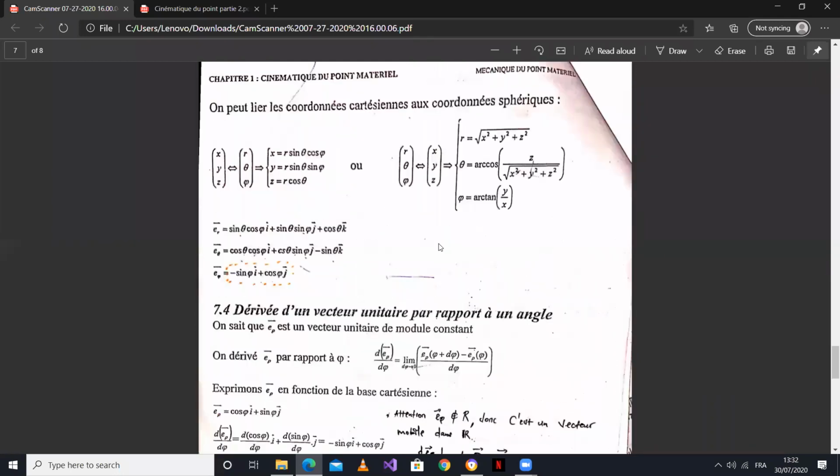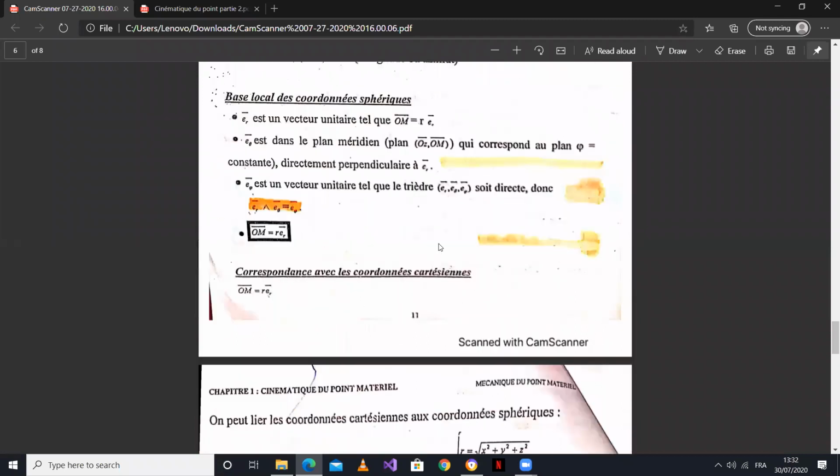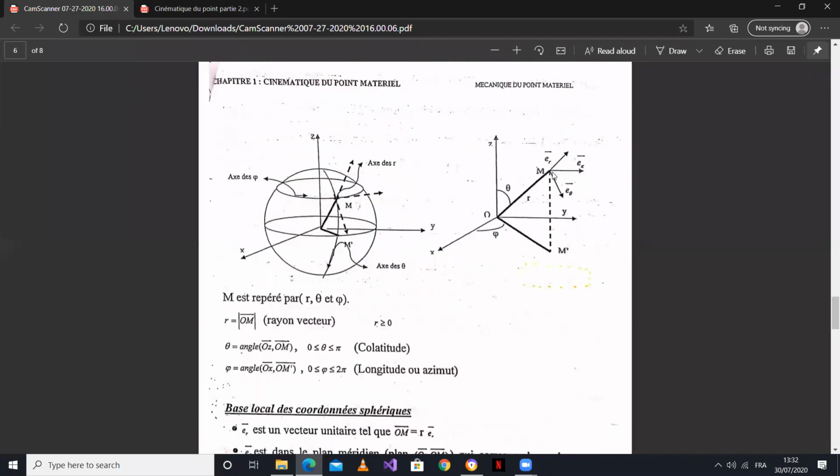When you get your direction of ER and E theta, E phi is just going to be perpendicular to them, okay? It cannot be properly represented there, but it should just be in a way that it is perpendicular to both ER and E theta. This is where your imagination is called into play. Just imagine E phi being perpendicular to both ER and E theta, okay?